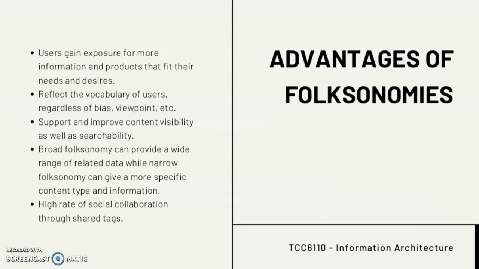Folksonomies is better in a way that it reflects the vocabularies of users, regardless of viewpoints or biases. It is easier to be perceived. Folksonomy also supports and improves content visibility as well as searchability. Broad folksonomy can provide a wide range of data, while narrow folksonomies can give a more specific content type of information. Users are also able to have social collaboration through shared tags.